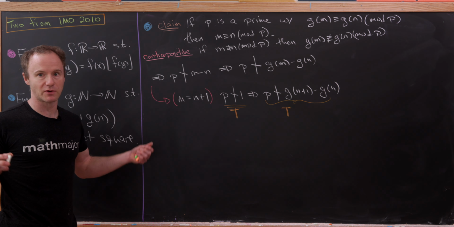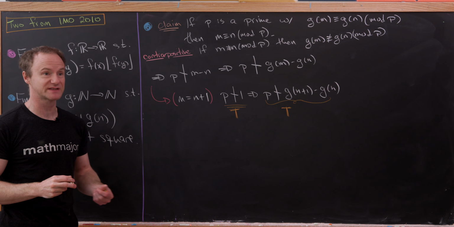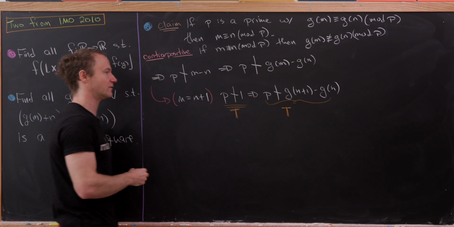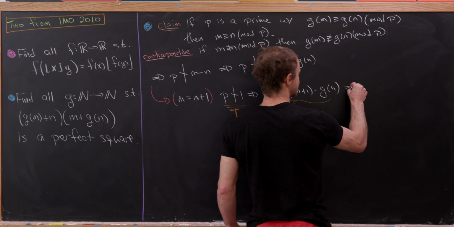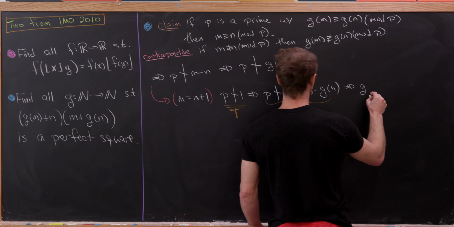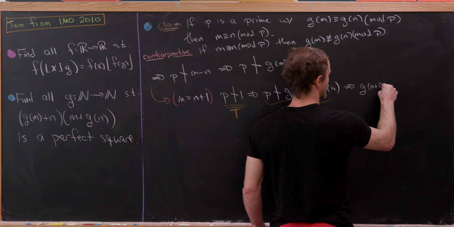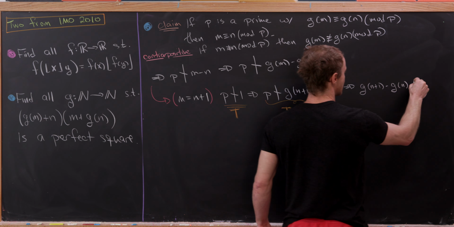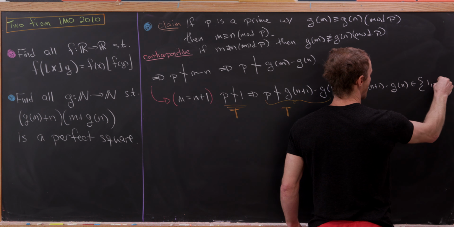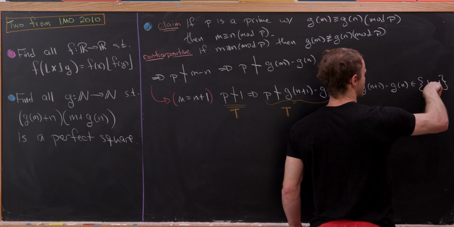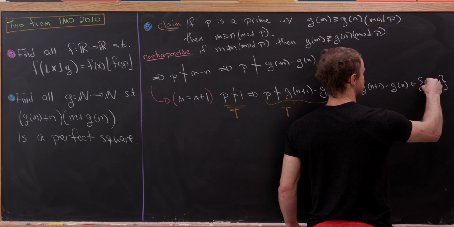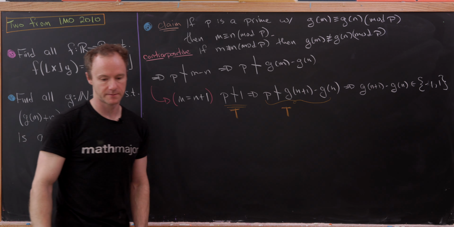Well, everything's a multiple of a prime except precisely 1 and negative 1. So from this, we immediately see that g of n plus 1 minus g of n must come from the set, or maybe we'll put it in order, negative 1 and 1.